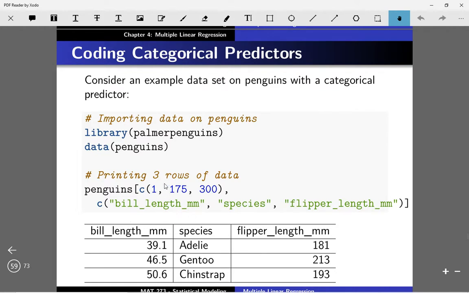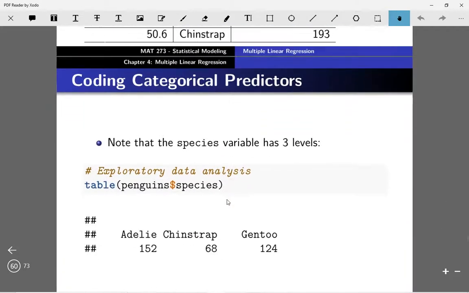We have the Adelie penguin species, Gentoo and chinstrap penguins. I might be pronouncing these terribly wrong. We have lots of different stuff recorded on these penguins, like their bill length in millimeters, their flipper length in millimeters. So it's an interesting data set.